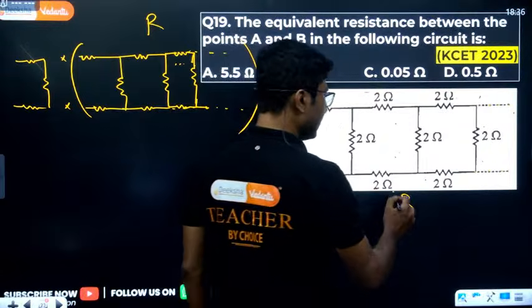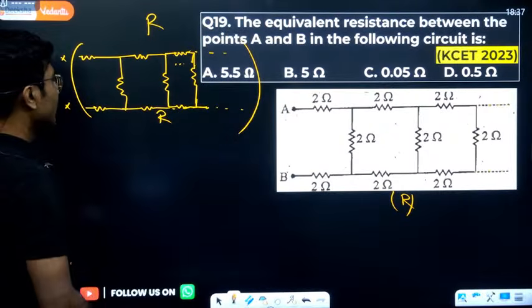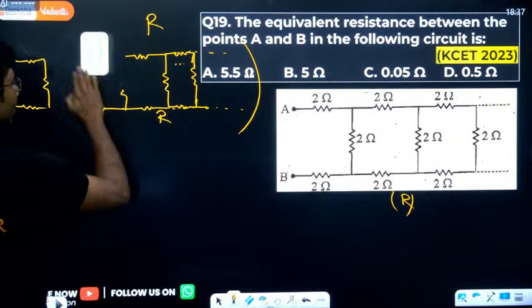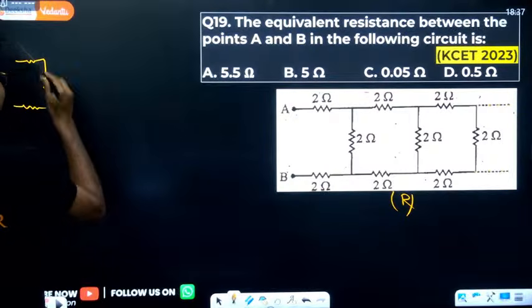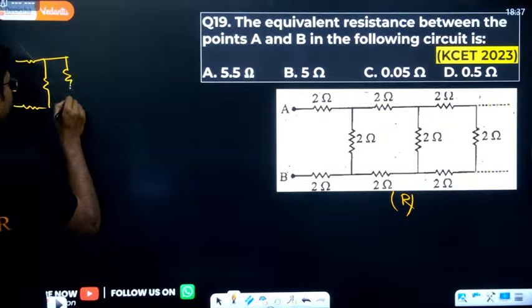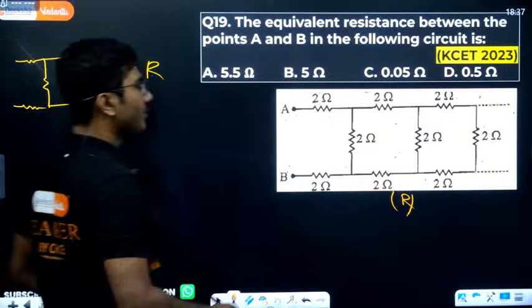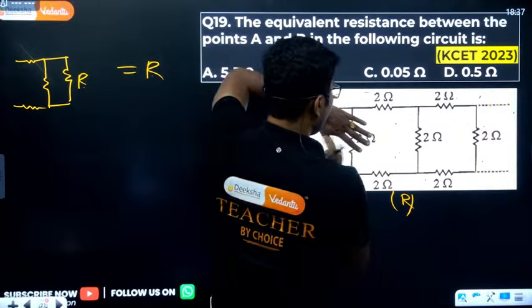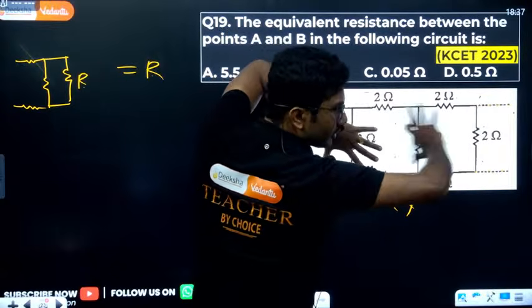So if this one has a resistance R, this one will also have a resistance R. So why are we stressing on that? Because we know that with this portion on, this will also have a resistance R. Now what we have done, we first cut this portion, we removed this portion, and we say that the equivalent resistance of this one is also R.